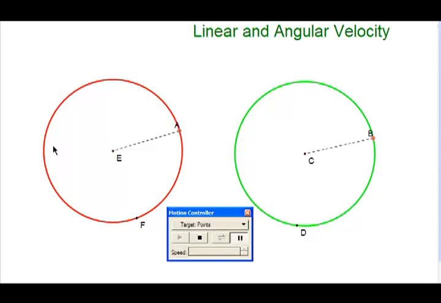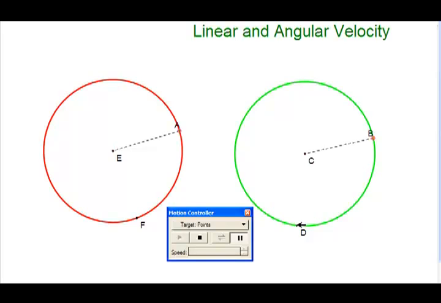Since point A has traveled approximately through 365 degrees in the same amount of time that point B traveled through approximately 365 degrees, they seem to also have the same angular velocity. Angular velocity is measured in degrees per second, degrees per minute, radians per hour, that type of unit of measurement. Degrees, which measures angles per unit of time.